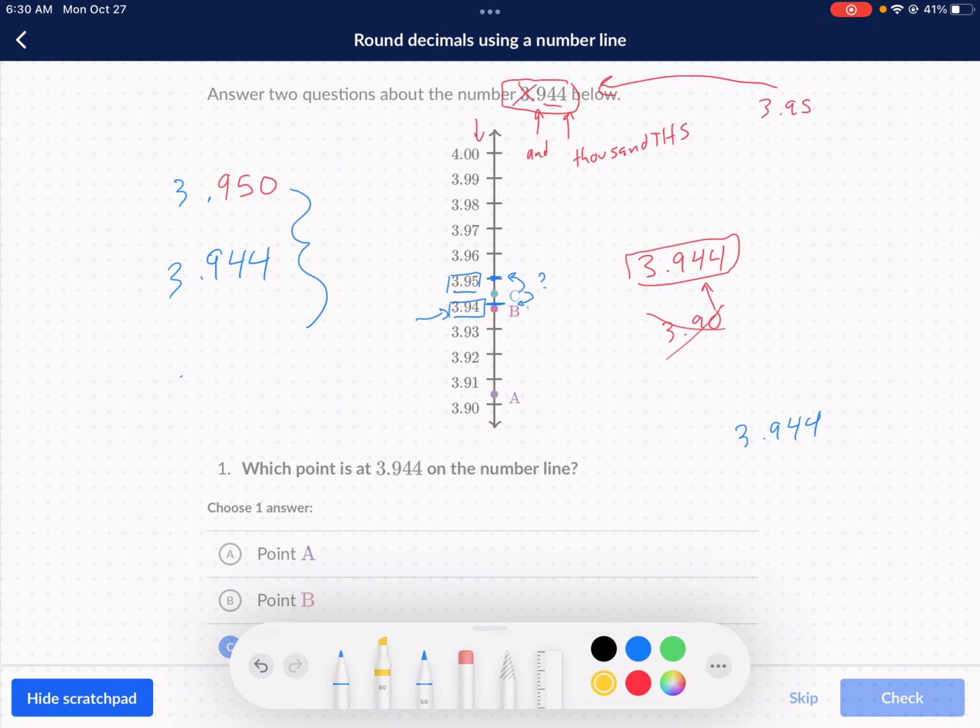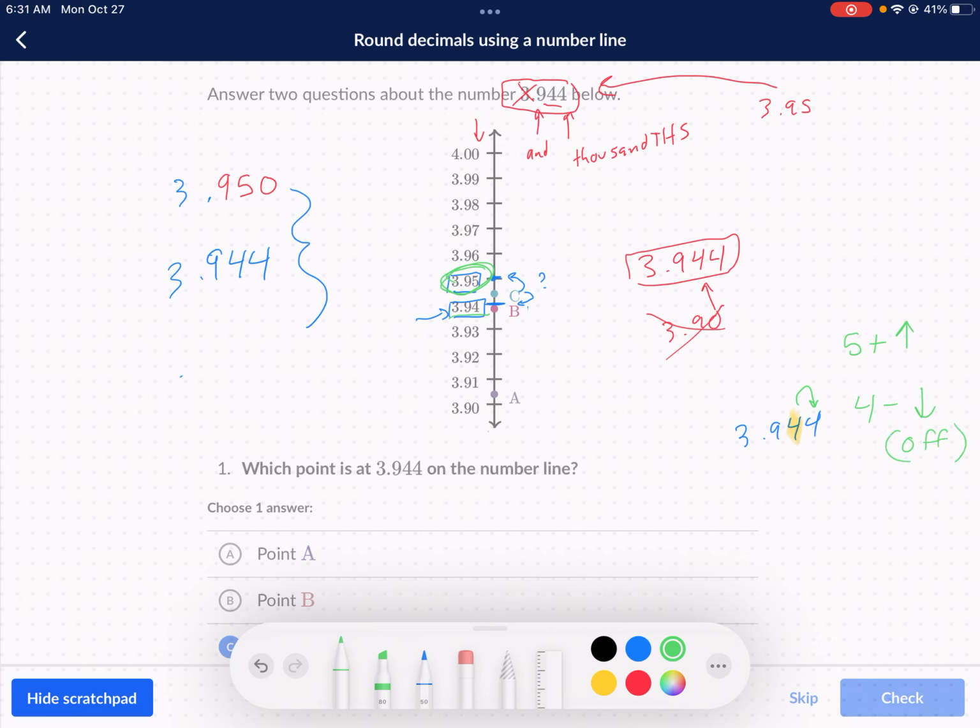3.944. First, we understand if we're rounding to the hundredths place, where is it? It's there, that second 4 right there. Next, we need to understand that when we round, we look at the number to the right. If it's 5 and above, we round up. Okay, so in this case, it would be 3.95. And if it's 4 and below, that means we round down, and we just leave it alone.